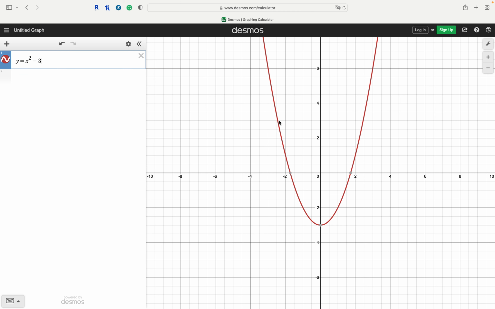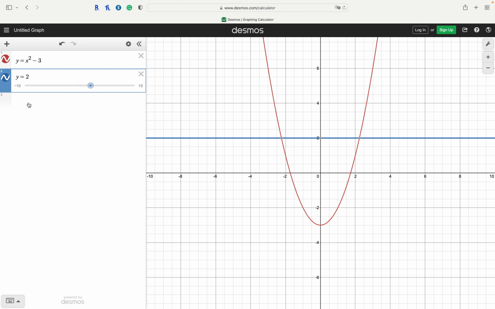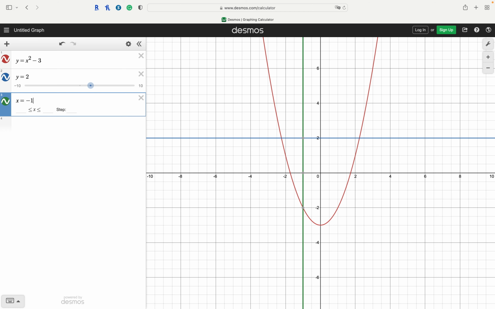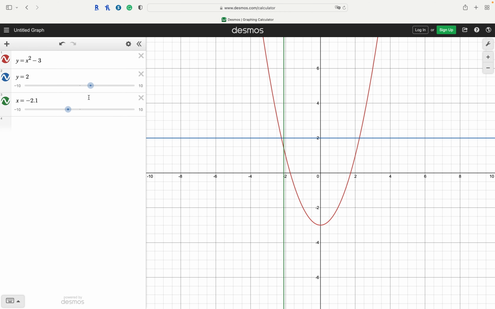If you notice, if I had the graph of all of x squared minus 3, from end to end throughout, we had to satisfy the vertical line test.